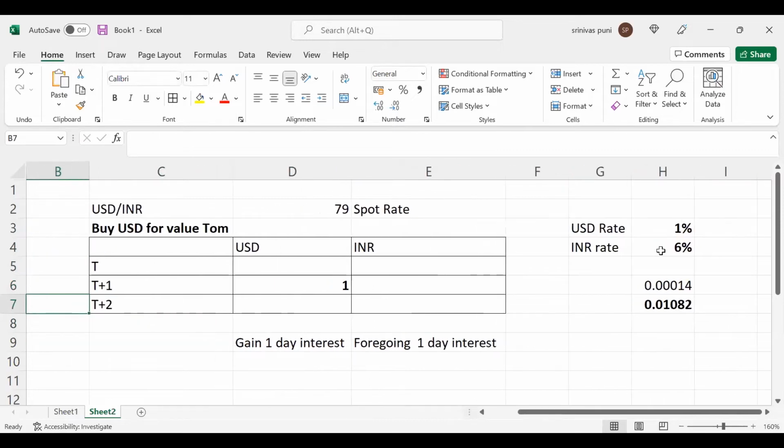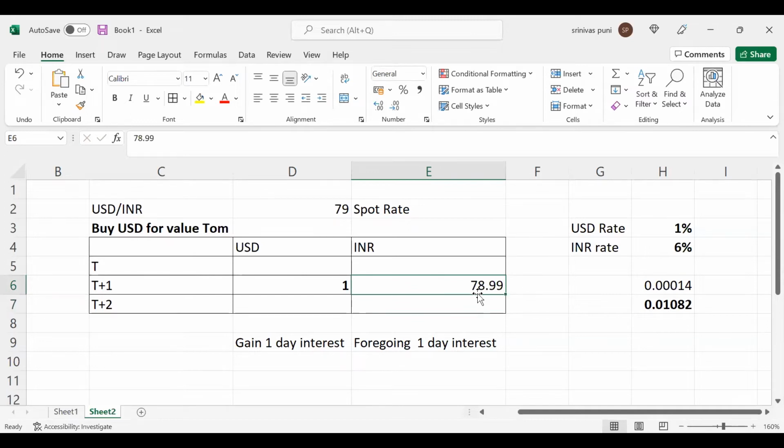So the spot rate, if it is 79, the term rate cannot be 79. It has to be 1 paisa lower for people to have the same benefit that they lost because of the interest rate gap. So in this example, the actual amount will be 78.99. That 1 paisa reduction in the rate will be there.